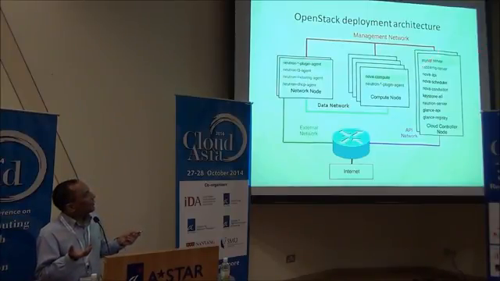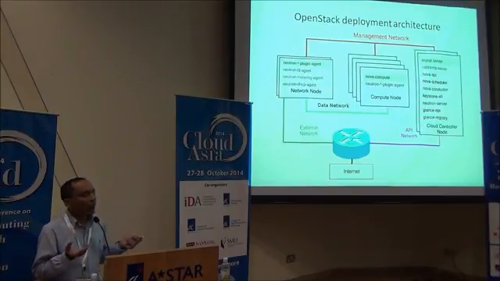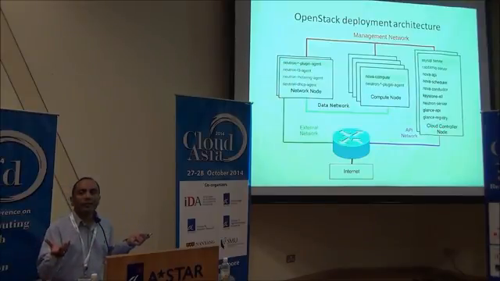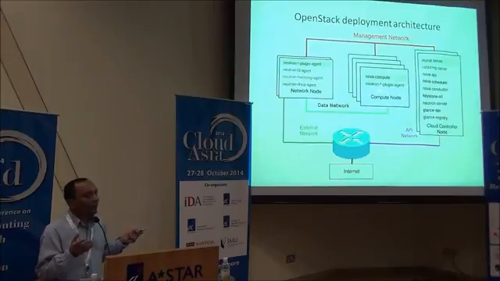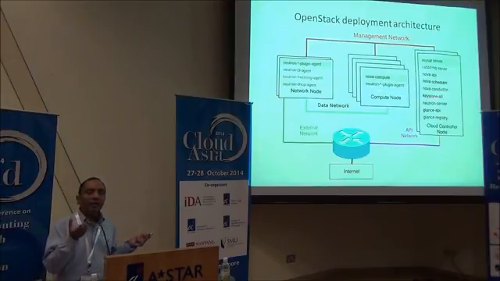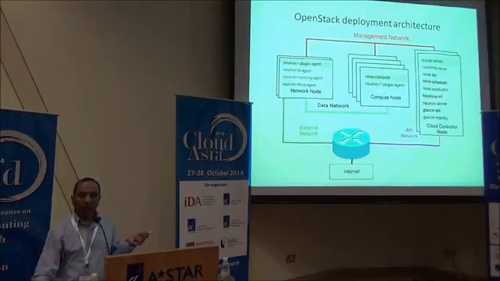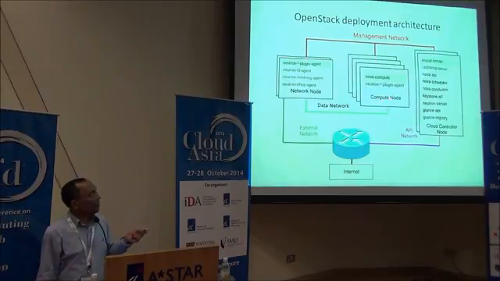So there's a MySQL server, RabbitMQ, which is the messaging queue, Nova scheduler, conductor, Keystone. These are a bunch of daemons you can think of. You need to figure out how many controller nodes, and where you are going to put what. So that's the first choice you make. Then for every compute node, depending on how many servers and racks you're managing, you have to put a compute node.